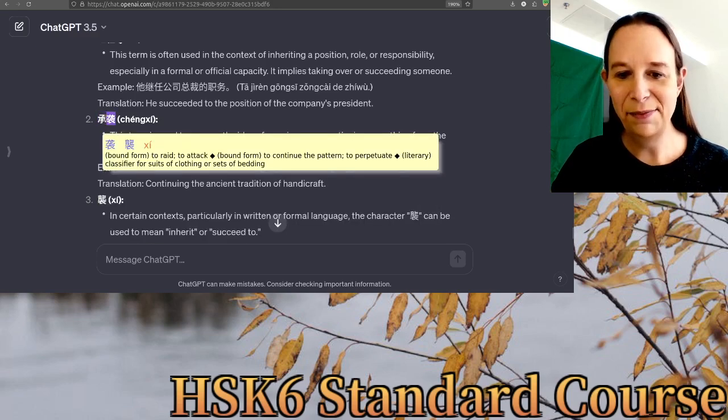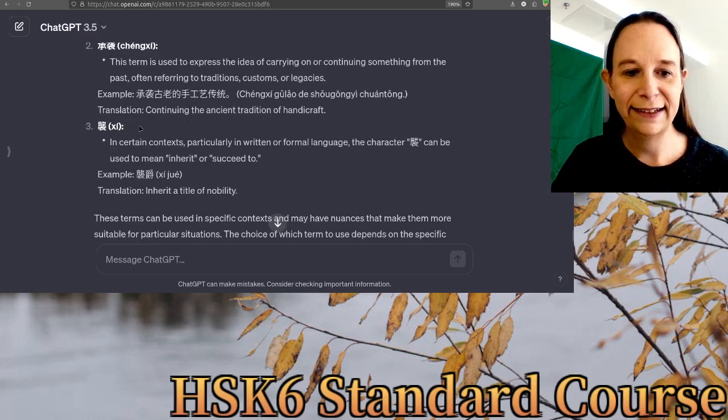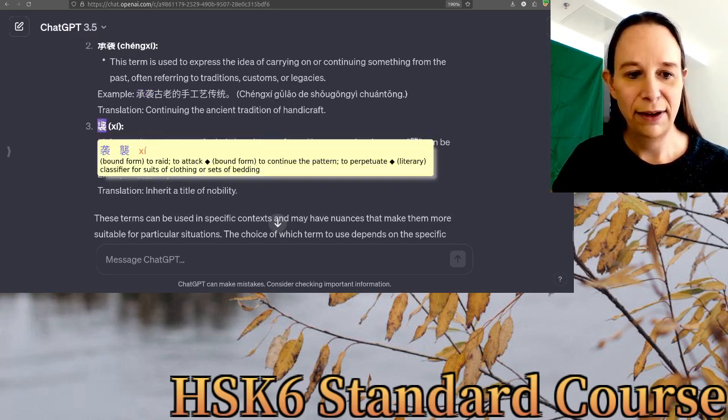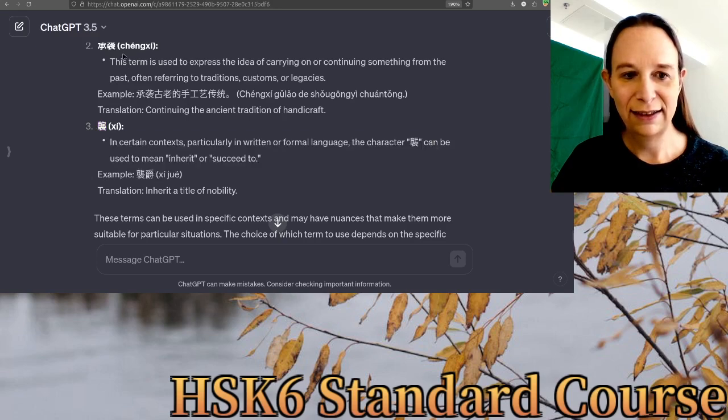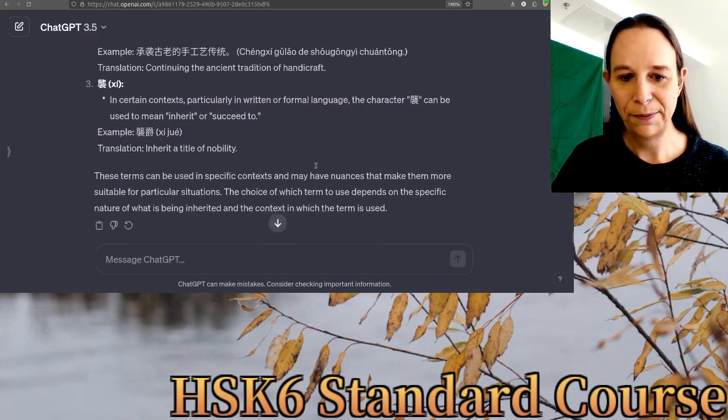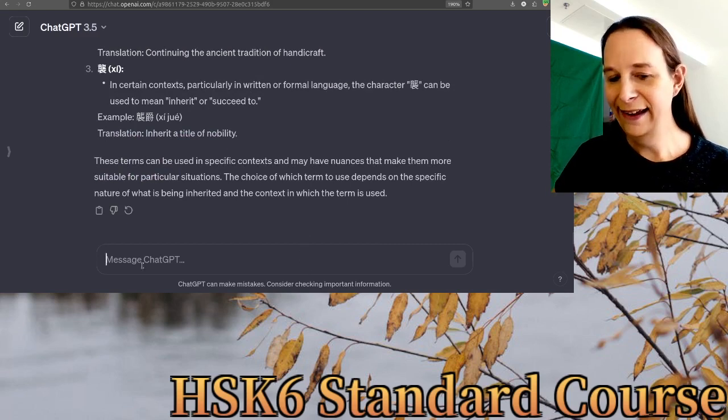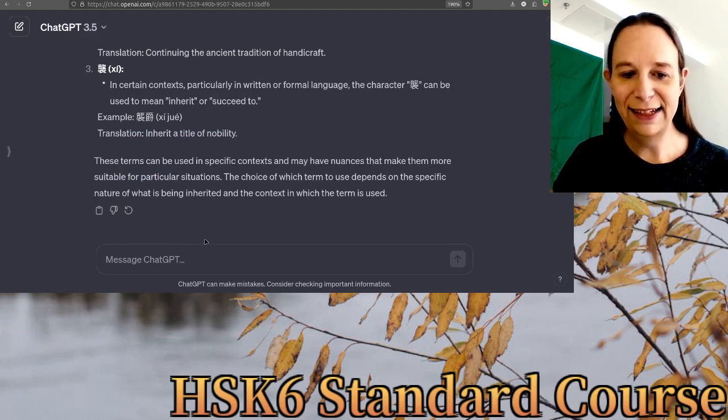I always thought this was a bad word. 承袭古老的手工艺传统, carry on the tradition. This is a traditional character. Seems like there's just better words.